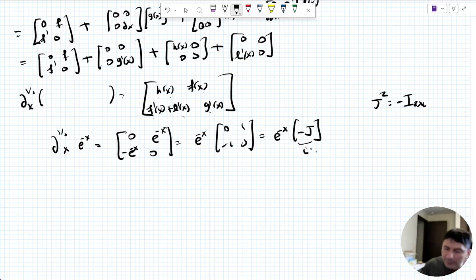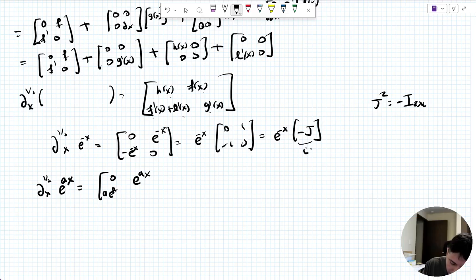So remember the result that we had first? So it makes sense. Let's see what happens when we do the derivative of one half e to the ax, right? Then this would be 0 e to the ax, a e to the ax 0, right? So we can pull out the e to the ax and we get 0, 1, a, 0, right?